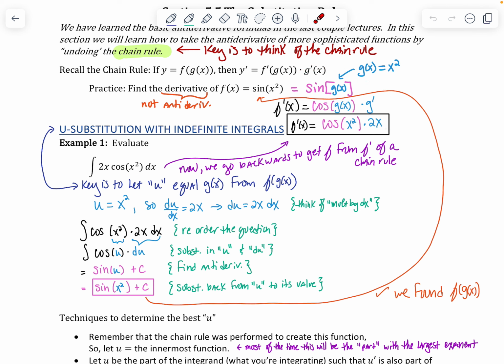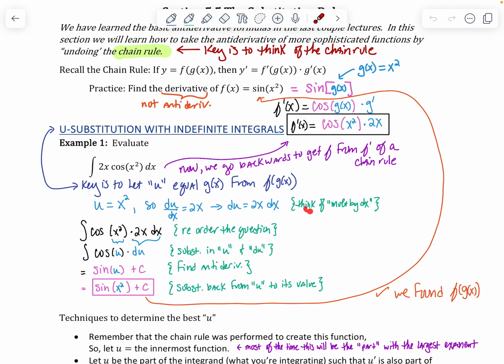So we want to let u equal the innermost function. We already know that we're going to let g of x be the x squared because we've seen it, but we'll talk more about ways to strategize how to find u. But we're going to focus on, we have the cosine of something. That something is x squared, so we're going to call that u. I need to take the derivative of the left side, which would be du dx, and the derivative of the right side would just be 2x.